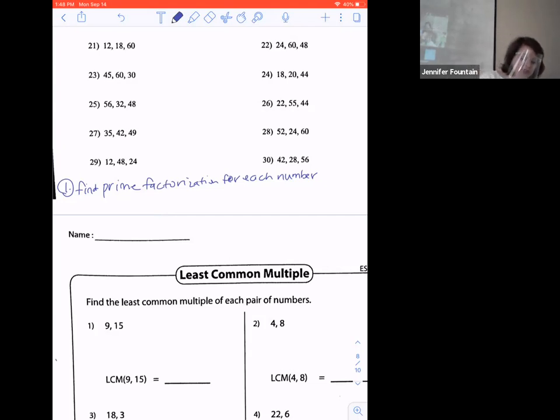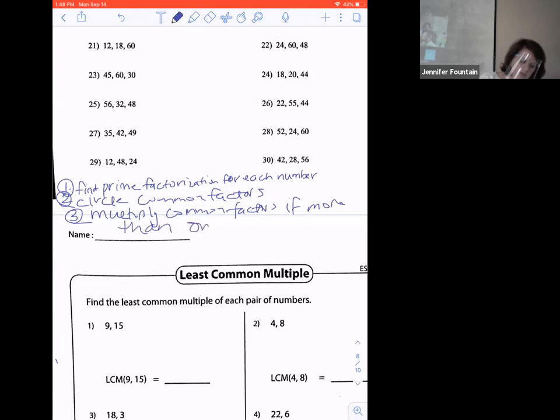Now, step 2 is going to be I have to circle common factors. And then step 3, I multiply common factors if more than 1.